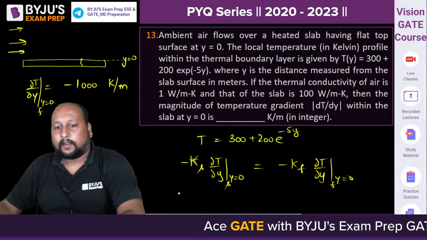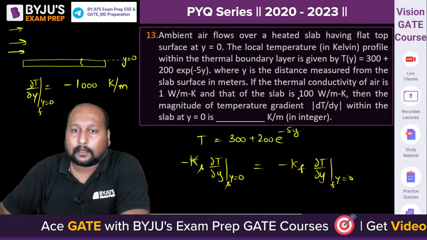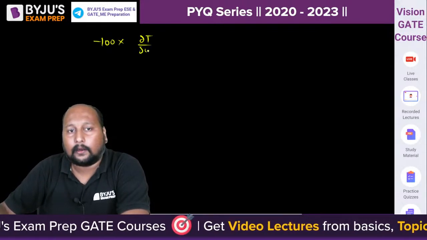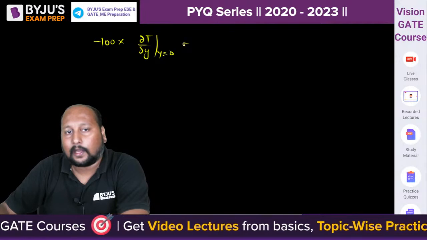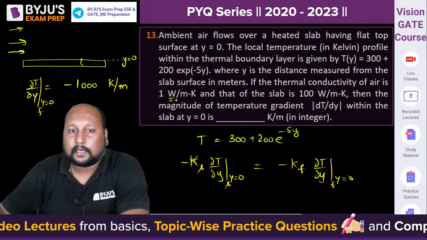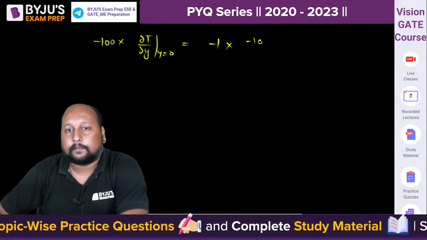Okay, fine. So the thermal conductivity of the slab is 100. So this is minus 100 into del T by del Y at Y equal to 0. We have to calculate minus of Kf of the fluid, that is 1, into minus 1000.